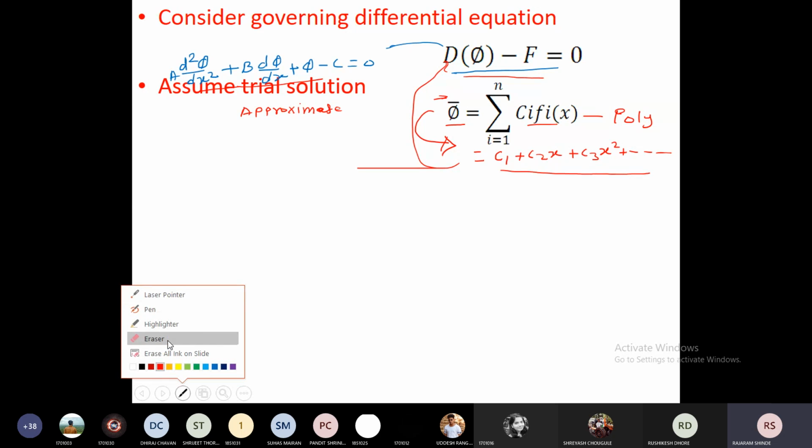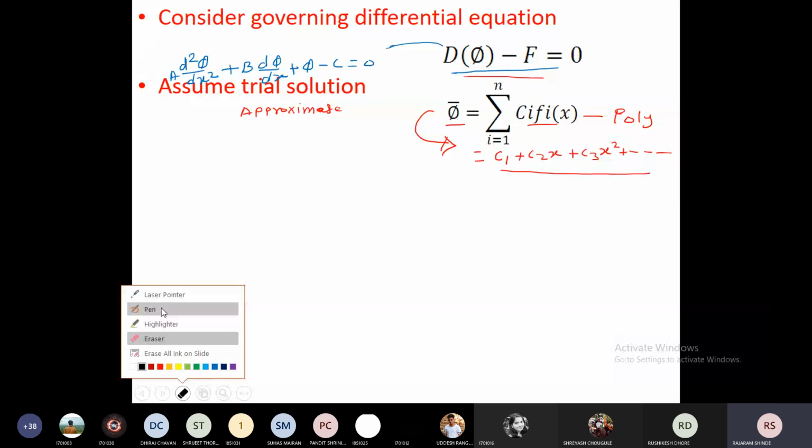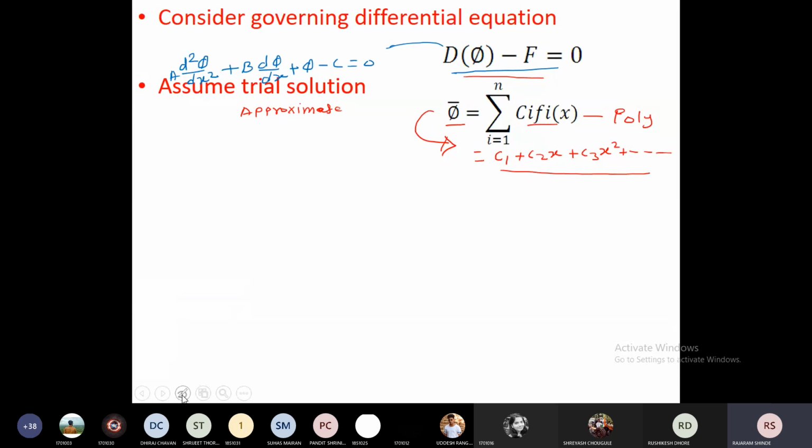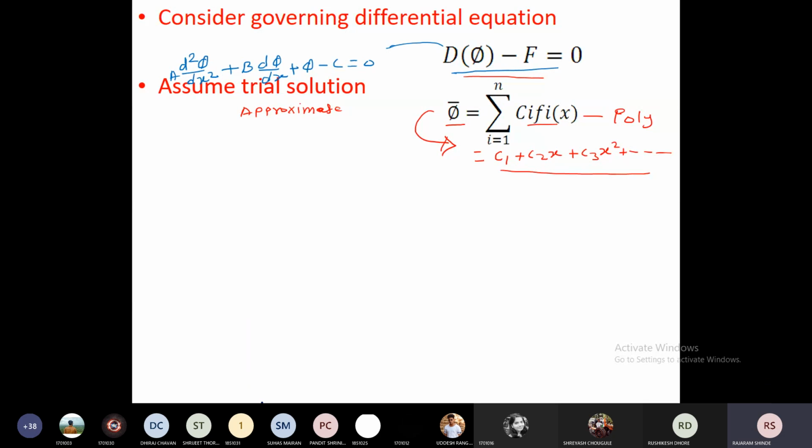Any doubt here? This concept is new for you, but in higher engineering, you have to understand this type of concepts. Now this is the approximate solution.